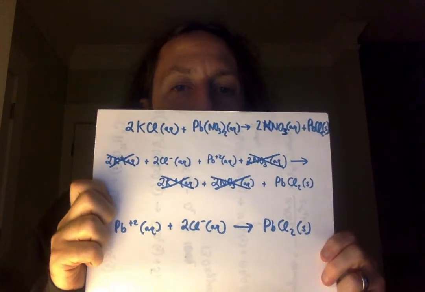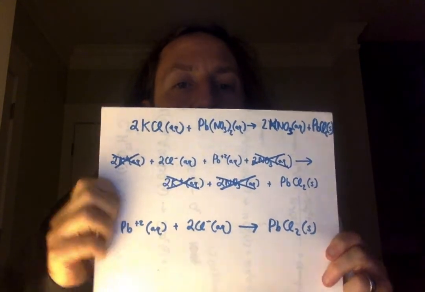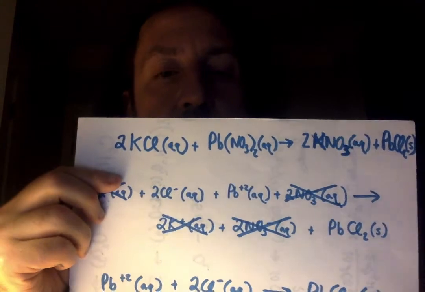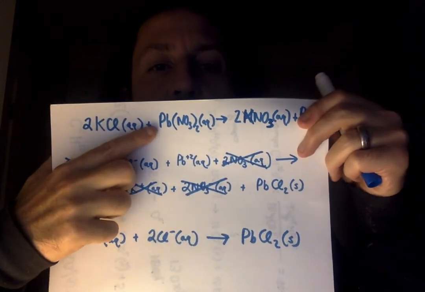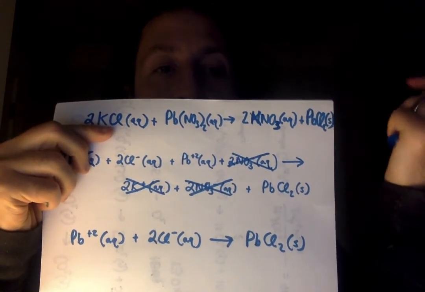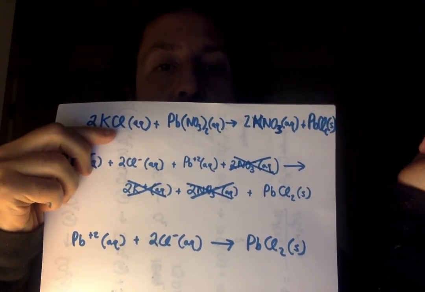So Pb 2 plus aqueous, when mixed with 2 chloride ions aqueous, yields lead 2 chloride, which is a solid. Boom, right here. So if you want that in words, when potassium chloride is mixed with lead nitrate, a precipitate of lead 2 chloride forms.